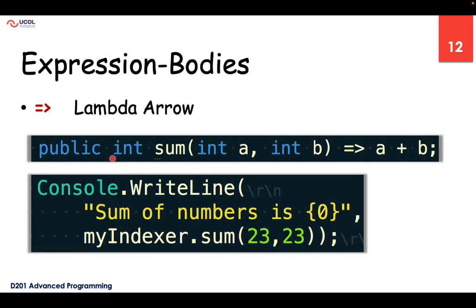Even like we have defined a sum with int a and b. This part is exactly the same as a normal method, but after that we have a lambda arrow and then a plus b. It means it will add a and b and return the value. So we need to understand what it means, and then if we try to use it, we can get the value quite quickly.